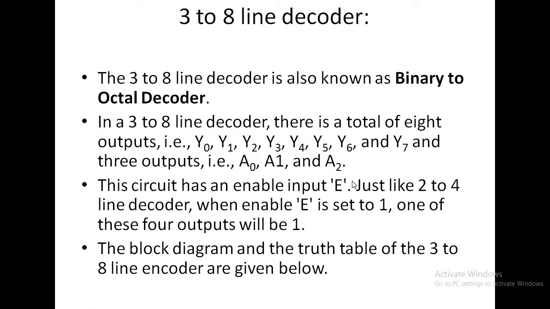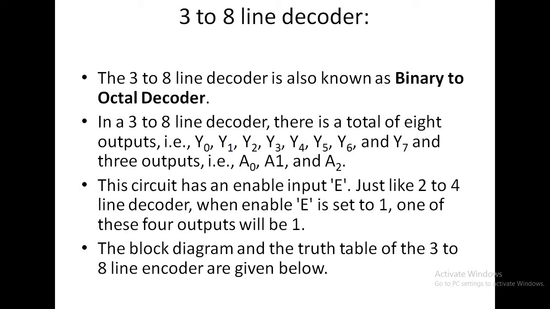The 3 input lines are A0, A1 and A2 and the 8 output lines are Y0, Y1, Y2, Y3, Y4, Y5, Y6 and Y7. Why 3 to 8 line decoder? Here the number of input lines is 3 and the number of output lines is 2 to the power n, that is 2 to the power 3 is equal to 8.